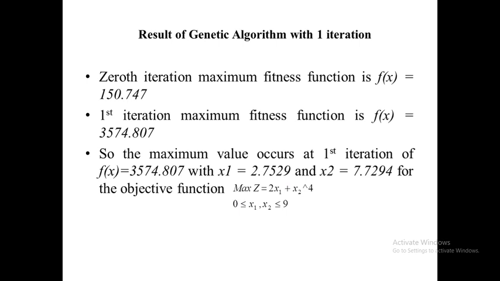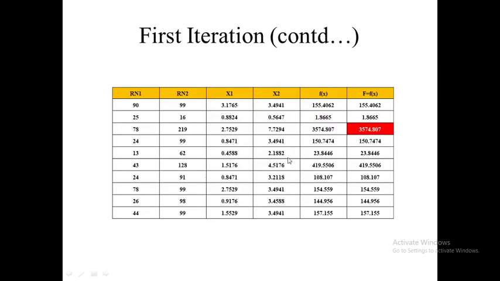I compare the zeroth iteration value and the first iteration value, and the maximum value is 3574.807, with x1 value 2.7529 and x2 value 7.7294.